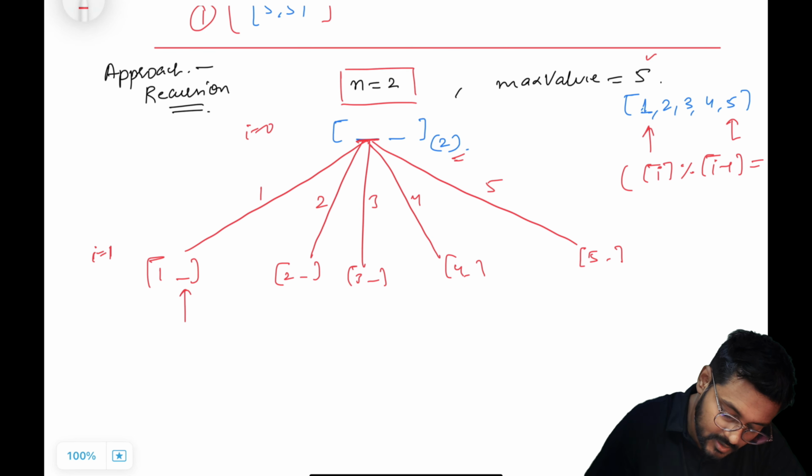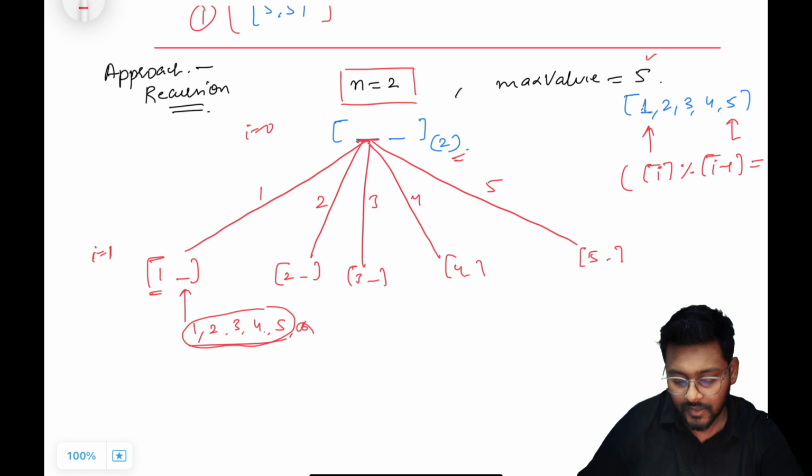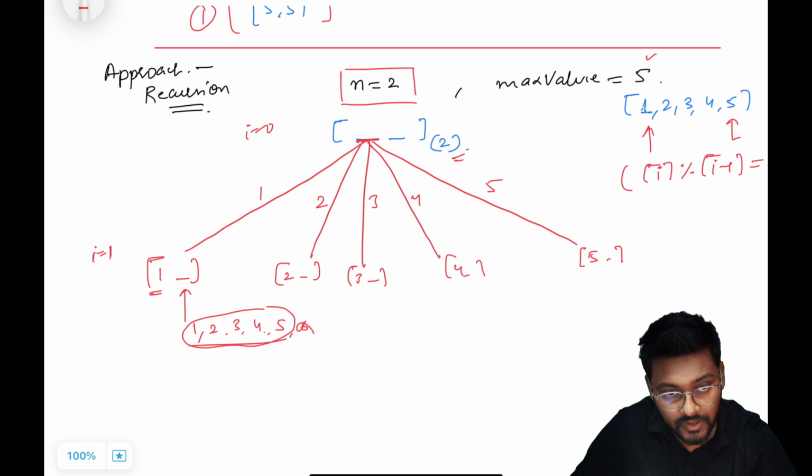See, at this position either I can choose 1 or I can choose any multiple of 1. Any multiple means 1 into 1 is 1, 1 into 2 is 2, 1 into 3 is 3, 1 into 4 is 4, 1 into 5 is 5, 1 into 6 is 6, but 6 is out of the range, so just discard 6 and pick any one of the values, right?